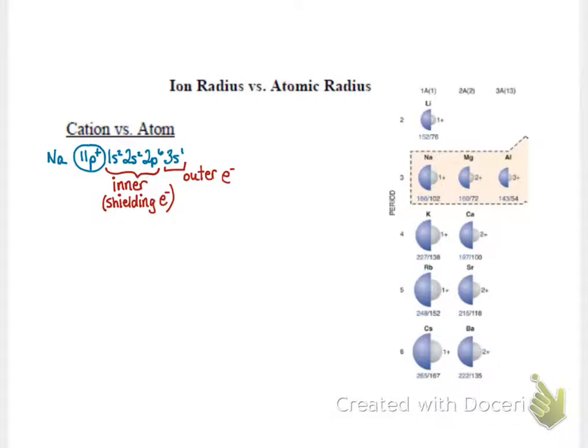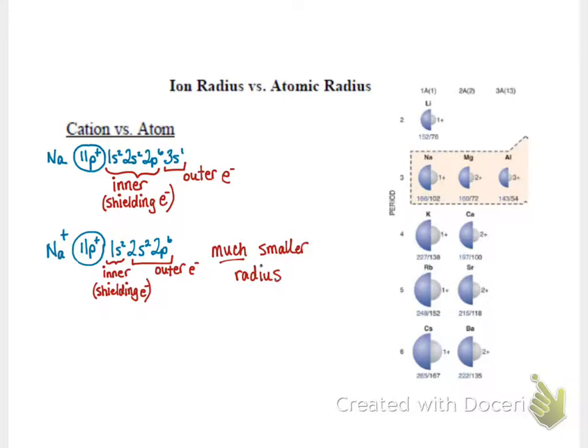If we make the cation for sodium, we are going to take away this electron, the valence electron. So here's the sodium cation. That electron that was in the 3s is now gone because it was taken away to make the cation. So now these electrons in the second energy level are valence electrons.